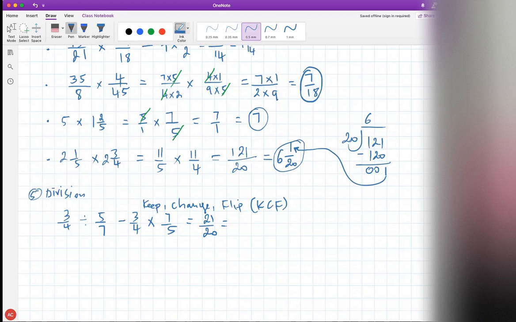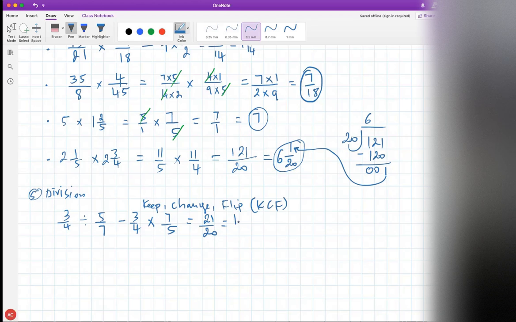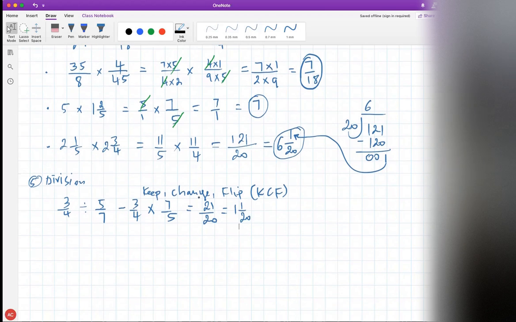How would the mixed number be? 21 over 20. What is it as a mixed number? 1 and 1 over 20. That's right. 20 goes into 21 once. The remainder is 1.